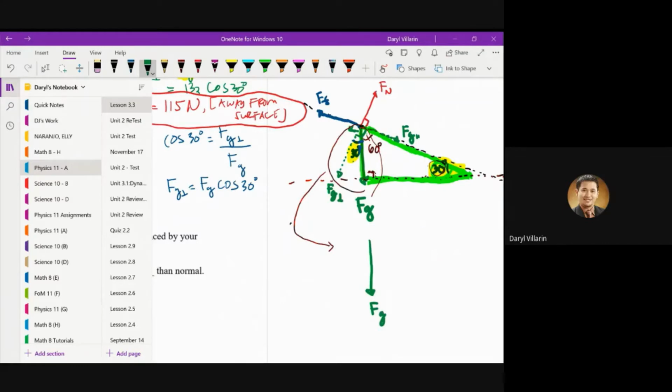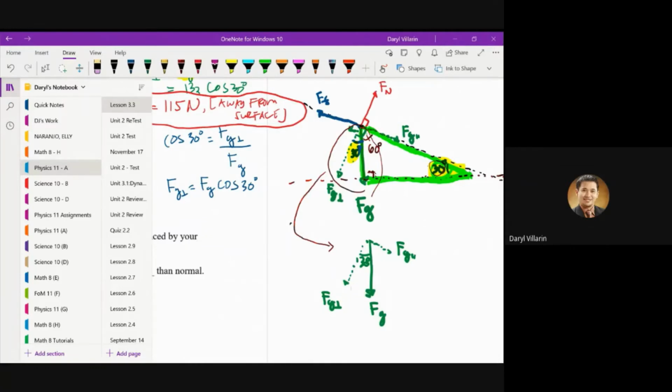That's the hypotenuse. And if you can see, my FG perpendicular is this one here. This is 30 degrees. Okay, so this is my FG perpendicular. And the other one, remember that this FG parallel is just the same thing as this one here.